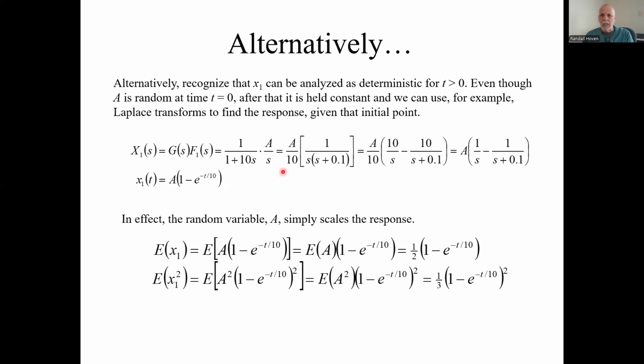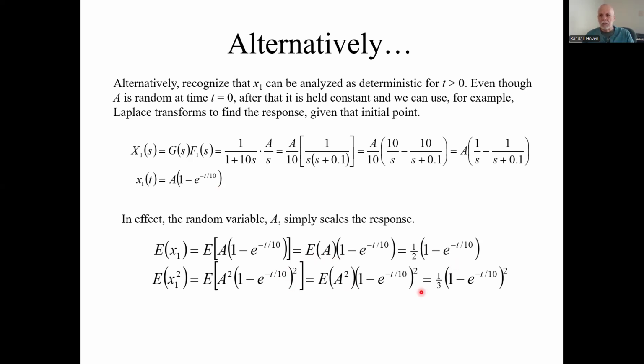The input is just a constant, so its Laplace transform is some constant over s, which gives you that the output is just this. When you take the expected values of X and X squared, you end up just taking the expected values of A and A squared times this thing.